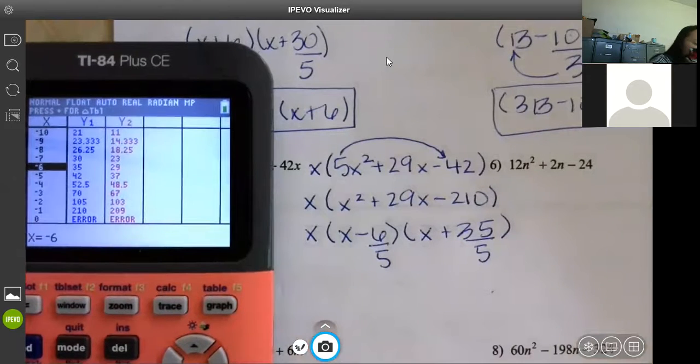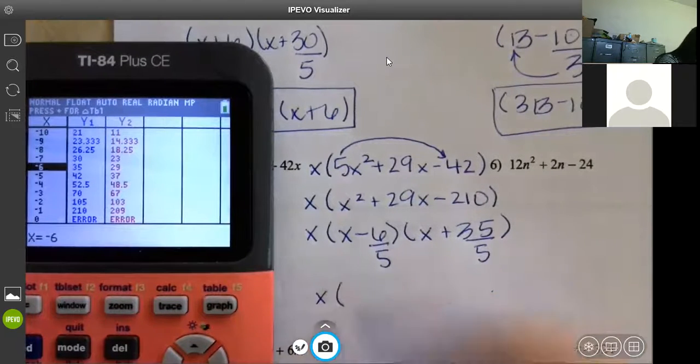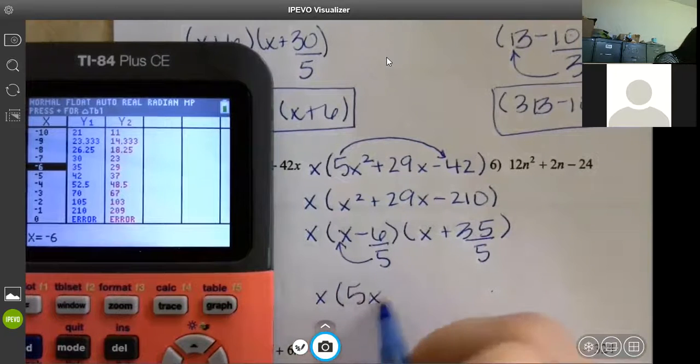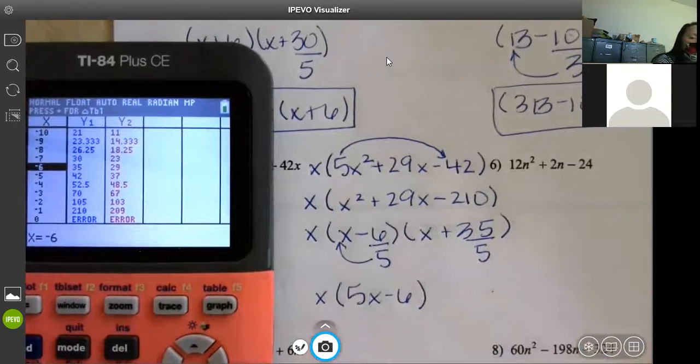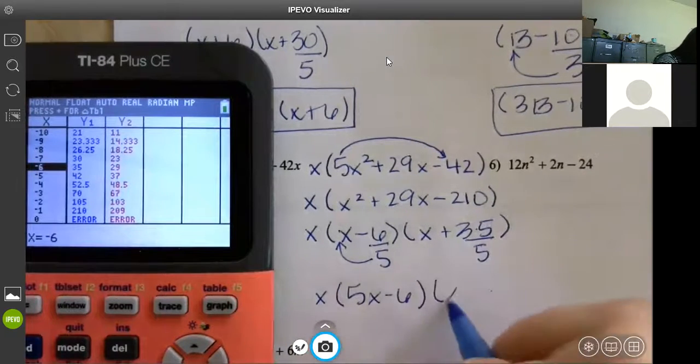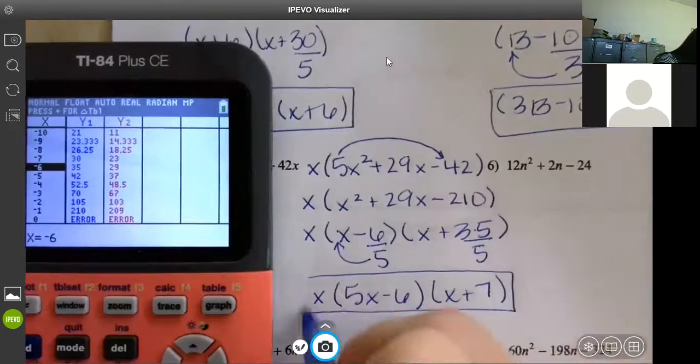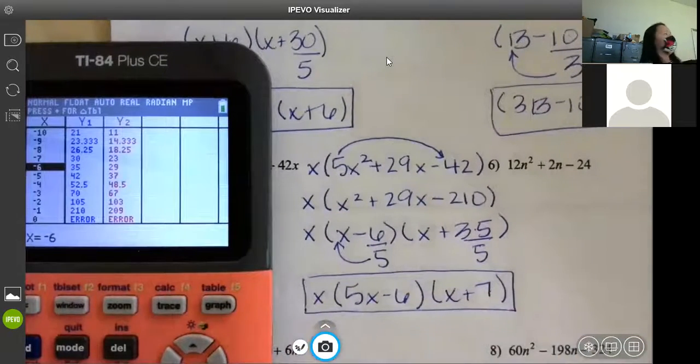So my final answer, keep that x on the front. 6 over 5 won't reduce, so I slide that 5 in the front, 5x minus 6. And then 35 divided by 5 is 7. Don't forget to keep that x on the front. So when you're doing your EDS stuff, if you take anything out, make sure that's in that answer. I don't want you to get it wrong because you forgot to type it in, okay?